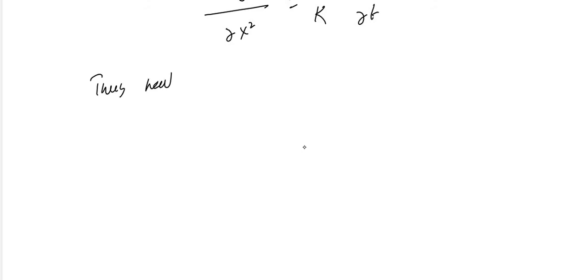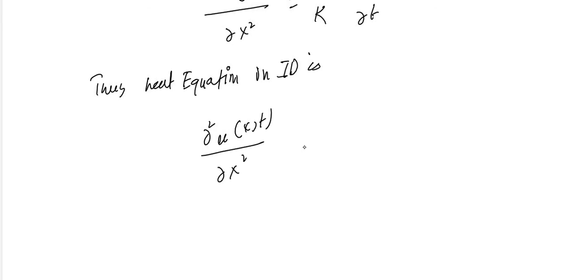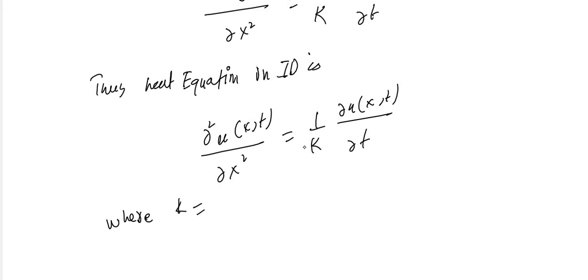You can write thus: the heat equation in 1D is the second derivative of u(x,t) with respect to x equals 1 by k times the partial derivative of u with respect to t, where this k is actually the previous kappa divided by c rho.